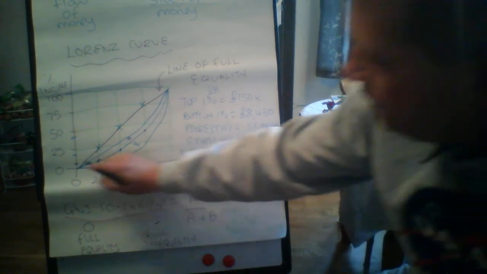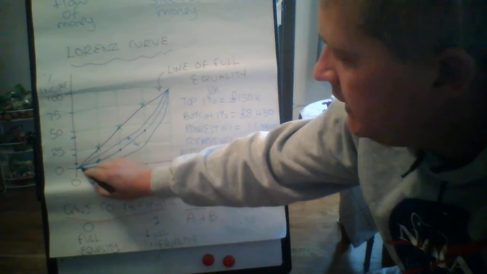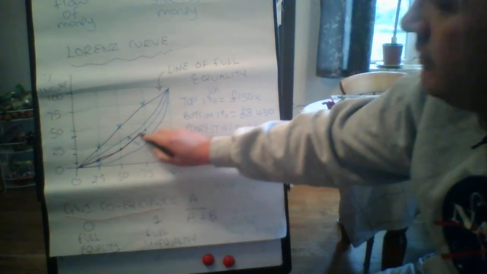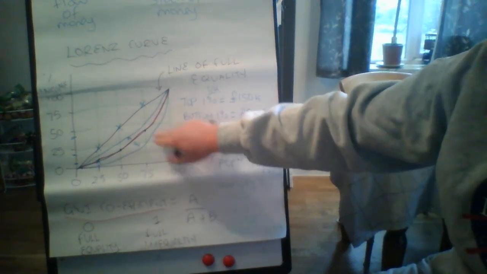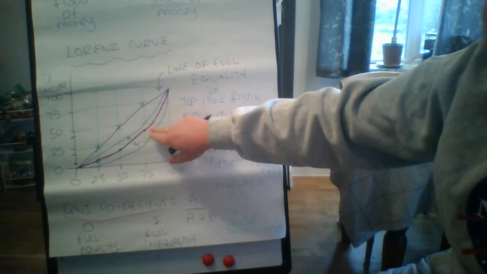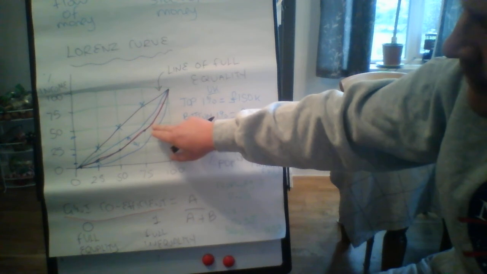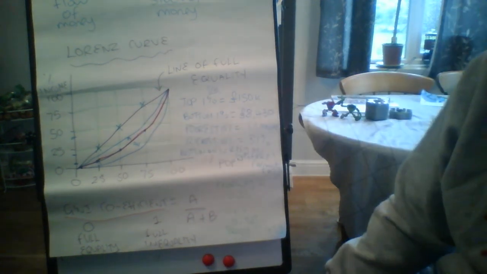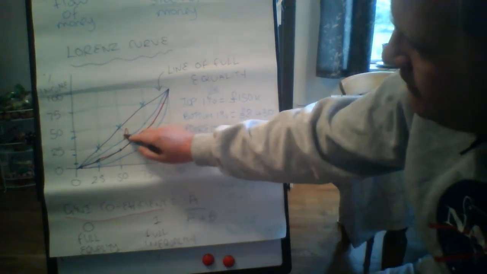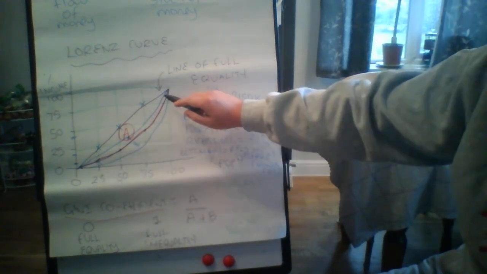Now what I'm going to be thinking about is the line of full equality, and I just want to focus on this Lorenz curve. So ignore the ones in blue, focus on the black equality and then the red, the inequality. Just remember, if that red line moved outwards, we've got more inequality. If it moves inwards, we've got less inequality. Now what we would do, we would measure this area A, which is this full semicircle here.